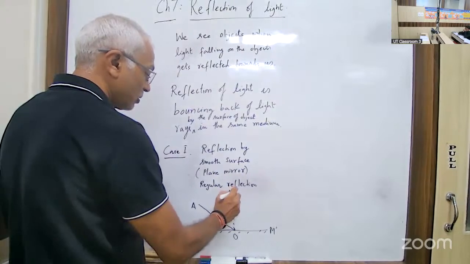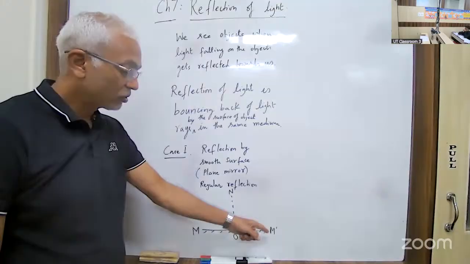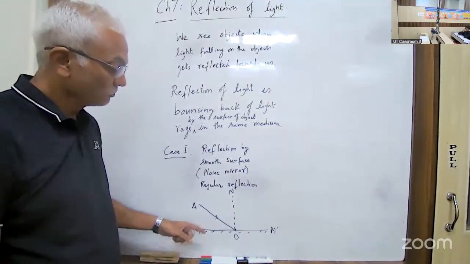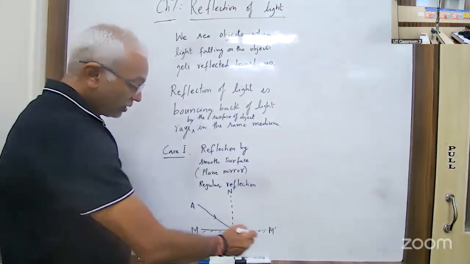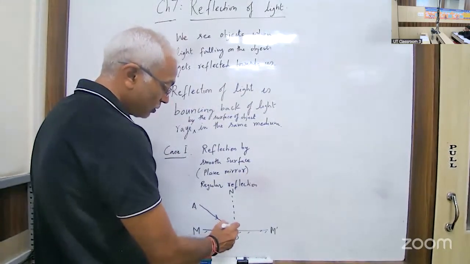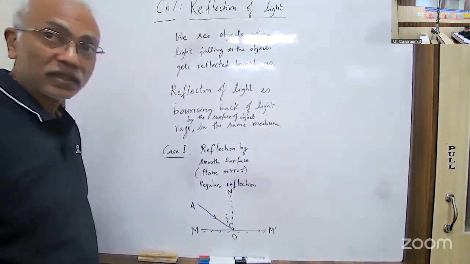Let's call this NO. NO is the imaginary perpendicular I have drawn on this plane surface, and this is called the normal. The angle the incident ray AO makes with the normal is called the angle of incidence.